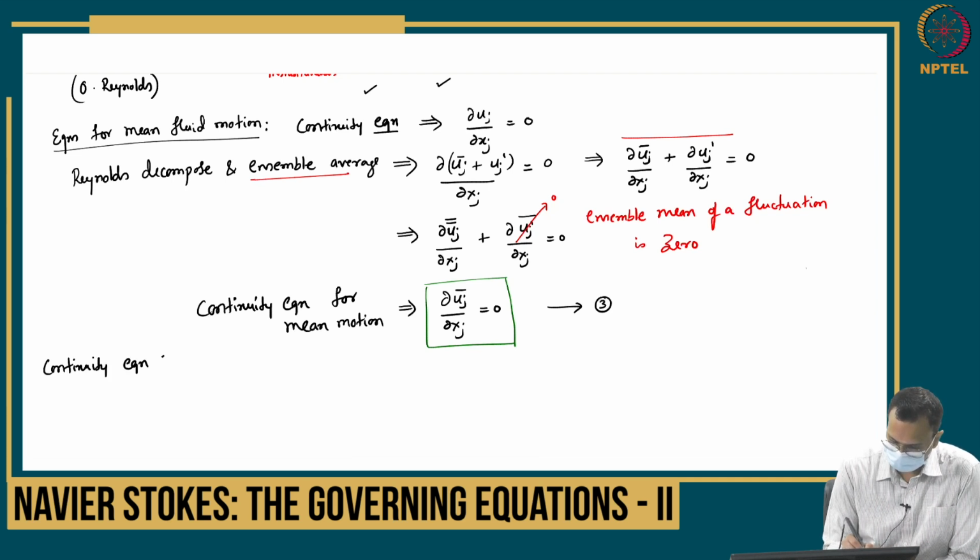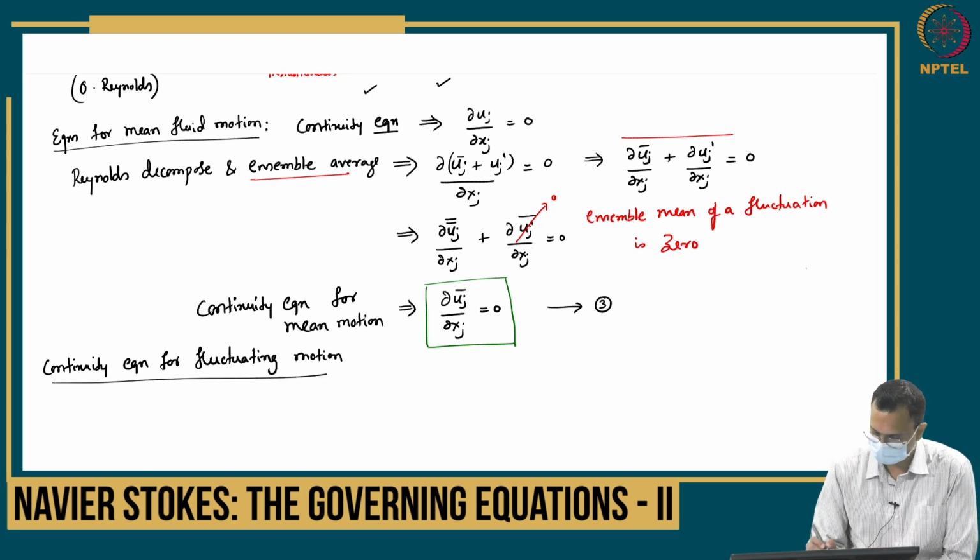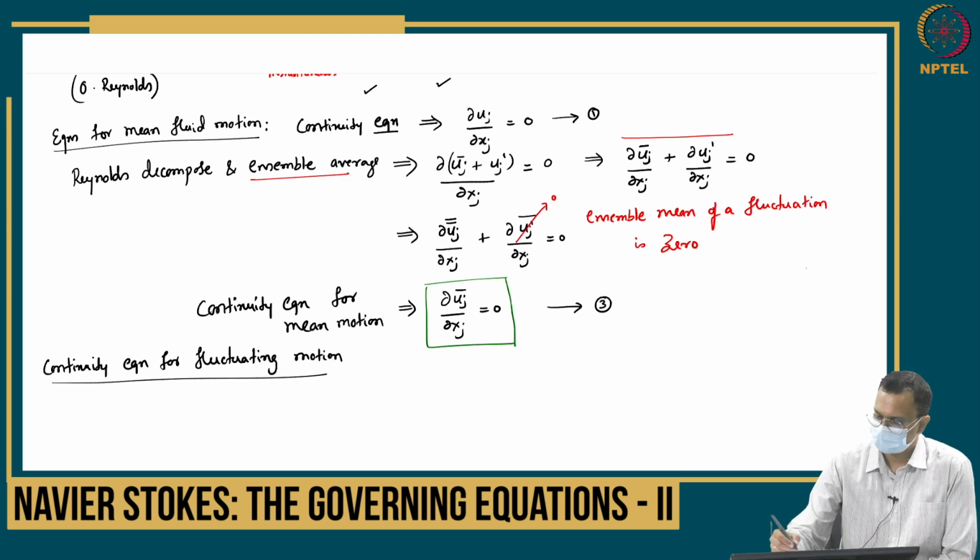Continuity equation for fluctuating fluid motion. This is straightforward. This was our equation 1, if you remember correctly. I take equation 1, equation 3, right?